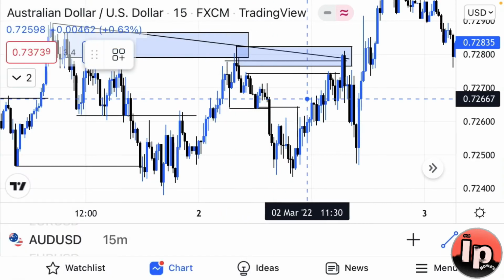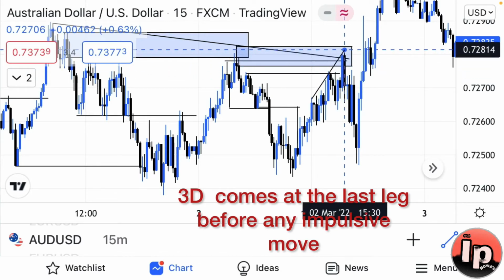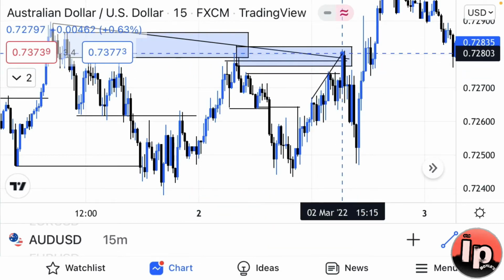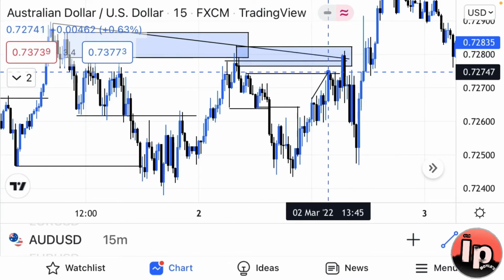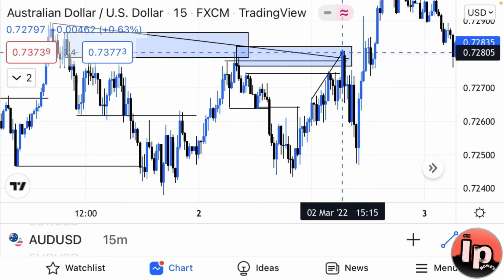We also see a 3-drive at the last leg. I so much love the 3-drive. Whenever I'm on a trade and I see a second touch near my zone, I wait for the third touch, which will be inside my zone, and I have to enter at the top.